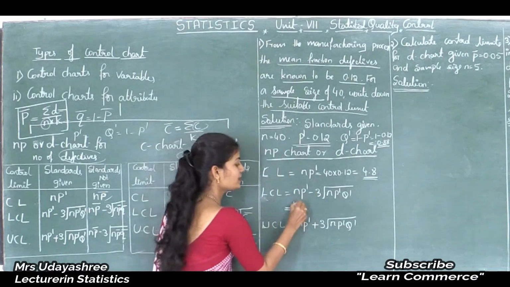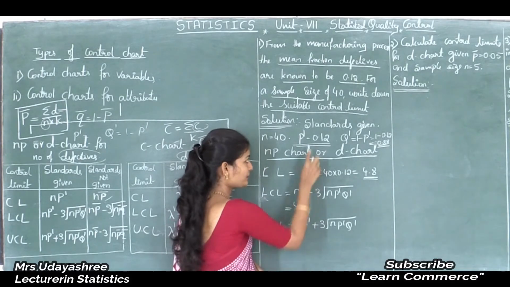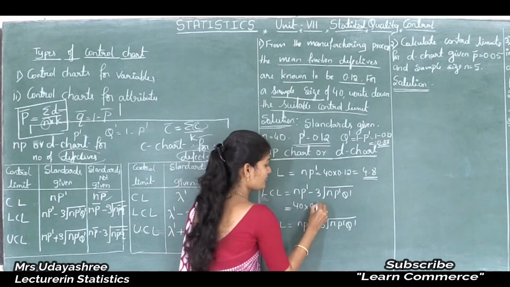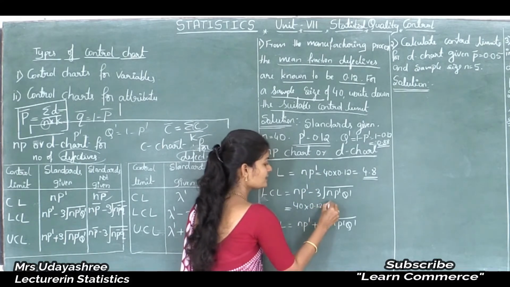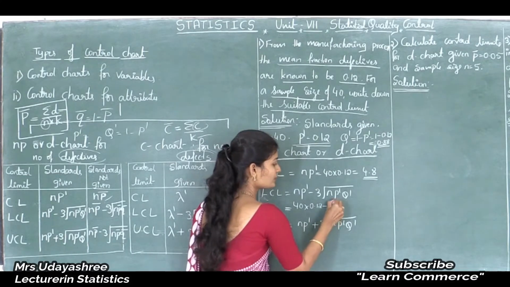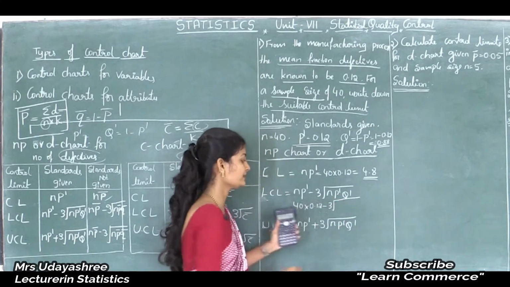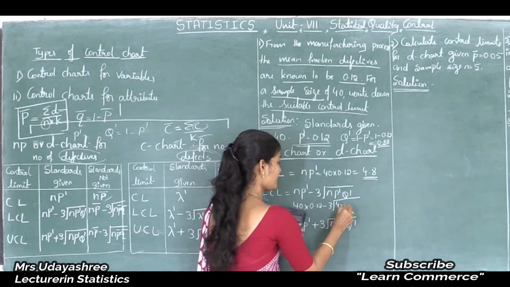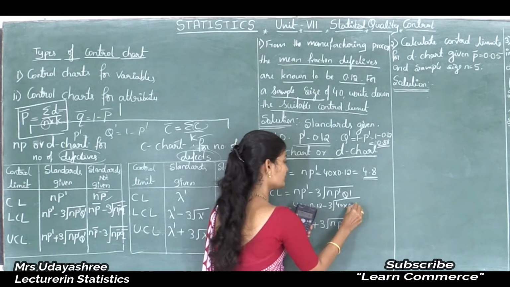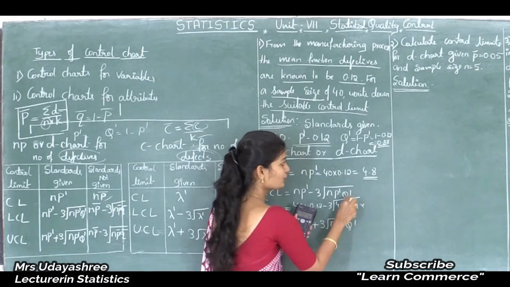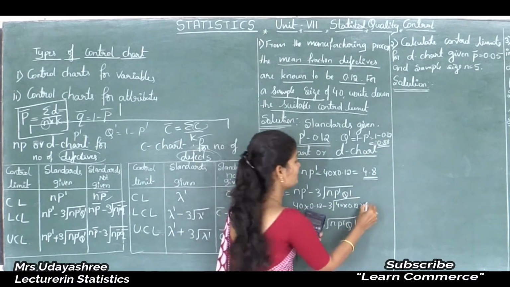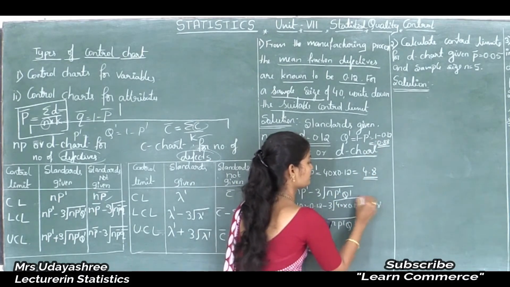N is 40 into P dash value is 0.12 minus 3 into square root of n is 40, P dash is 0.12 into Q dash value is 0.88.